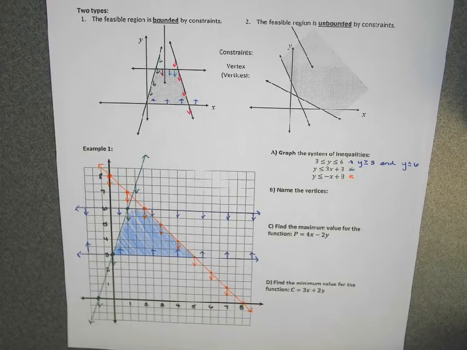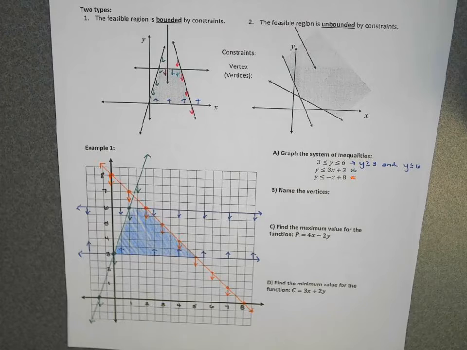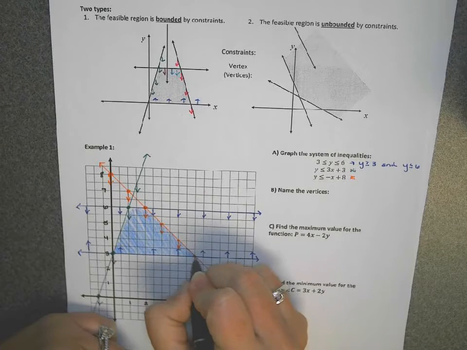The next thing it says to do is to name the vertices. What are vertices? What's a vertex? It's the point of the V because that's where the two halves connect, right? Where the two lines meet. So a vertex is just where two lines meet. So these two lines meet right here. So we have a vertex right here.